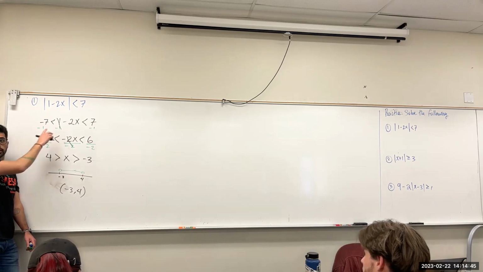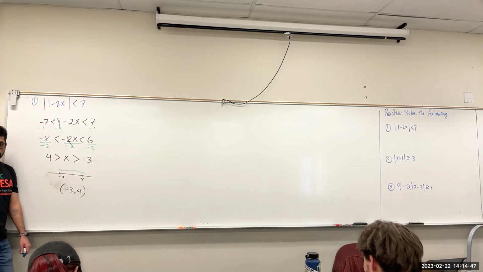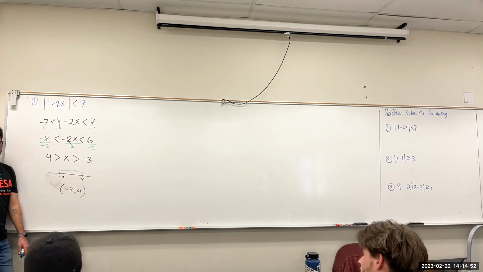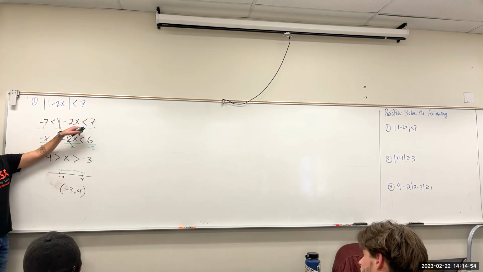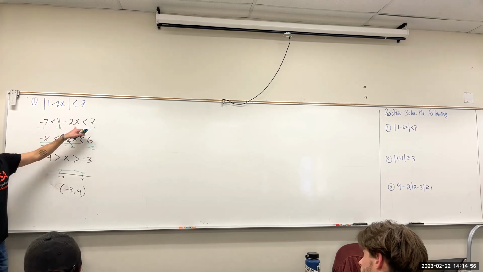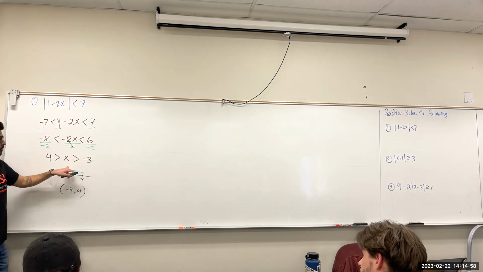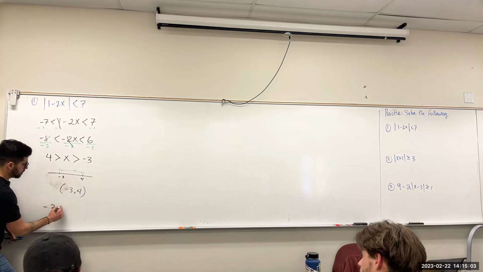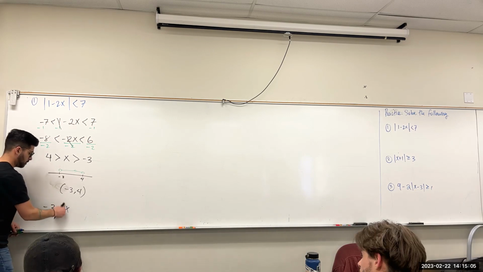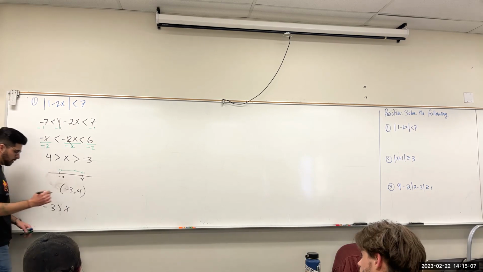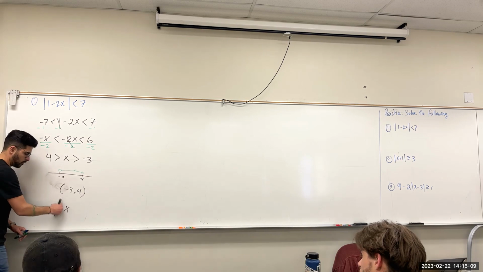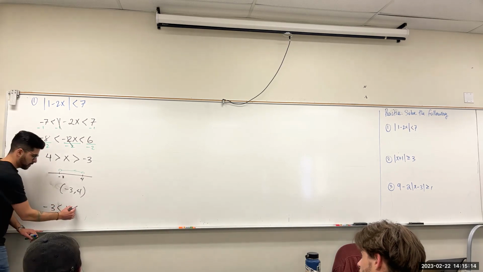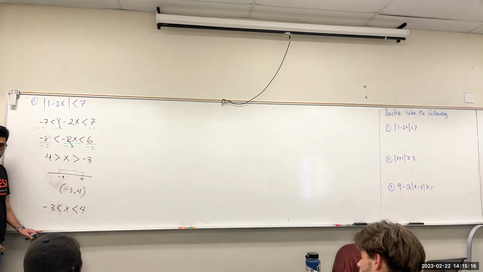He has a question. Yes, I wrote it as -3 is greater than X, rewriting it in reverse order instead of writing it in the middle like this. Is that one correct?